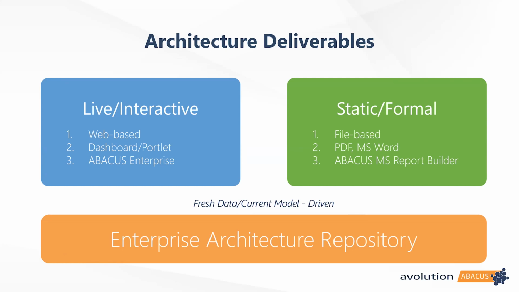Ultimately, that encompasses the entire enterprise architecture repository. And regardless of whether we're building static or live environments to look at that data set, ideally we want that to be near real time, built off integrations, and accessible for everyone in the organization.